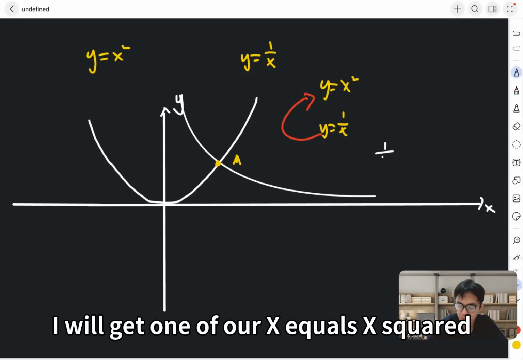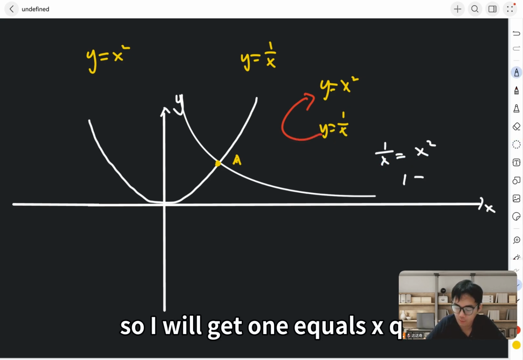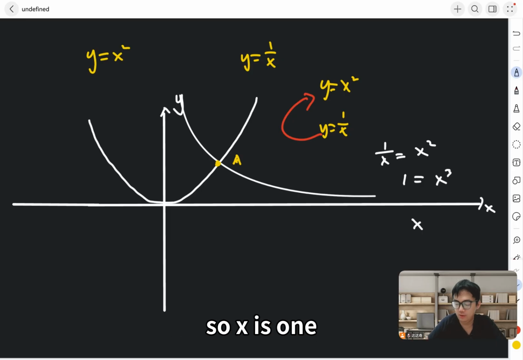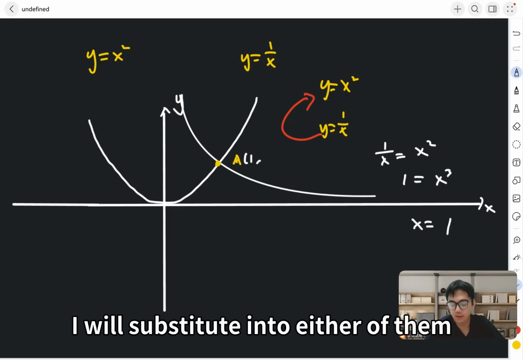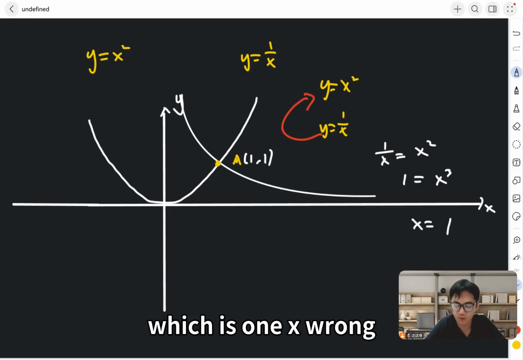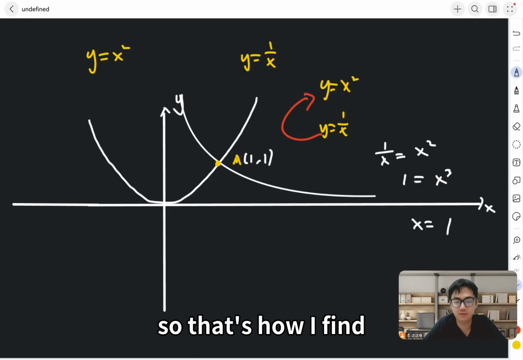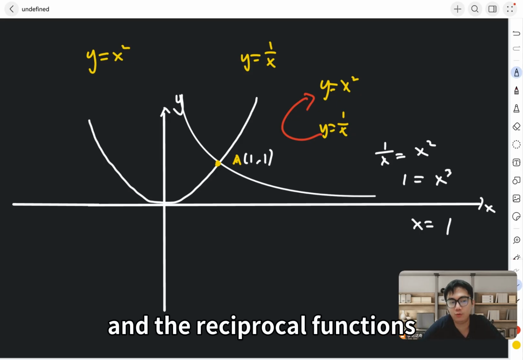I will get 1 over x equals x squared, and I move x to the right side. So I will get 1 equals x cubed. So x is 1. After getting the value of x, I will substitute into either of them to get the value of y, which is 1 as well. So that's how I find the intersection between the parabola and the reciprocal function.